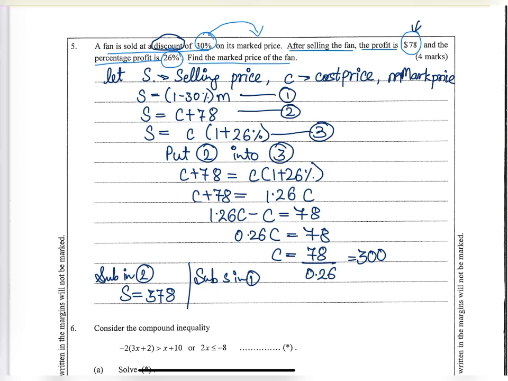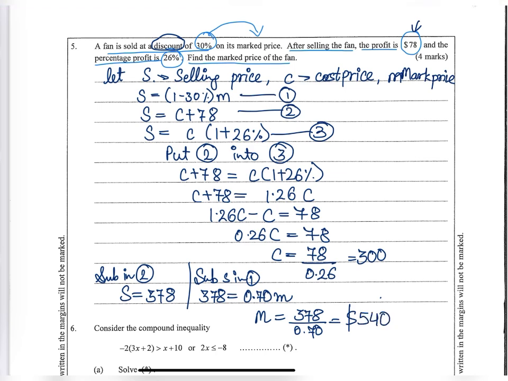The selling price, we know, is 378, equal to 1 minus 30%, which we can write directly as 100 minus 30, which is 70. 70 divided by 100 is 0.70 M. So the mark price is 378 divided by 0.70, which is $540. That's what they're asking. So we get our answer.